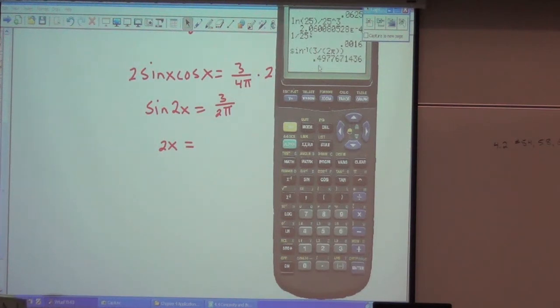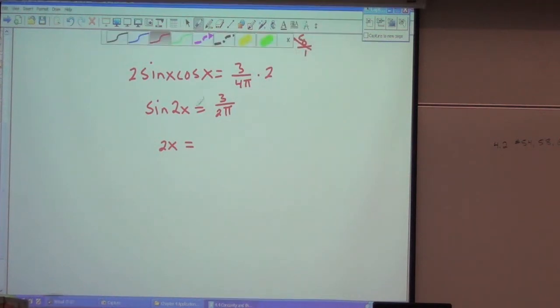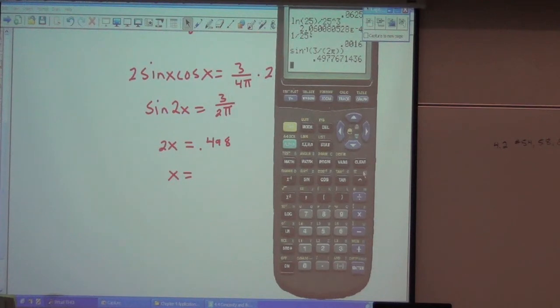So 0.4977, or 0.498. Well, what about the 2x? Yeah, it's right there. And then I get to divide both sides by 2. I'm so excited to get to this. So divide that by 2. 0.249.